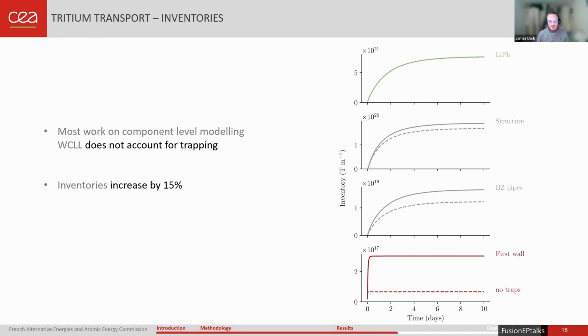Our total inventory increases by 15% when we include trapping mechanisms, showing that with a lot of these macro scale simulations that we do, the inventories they're producing, which fall into safety guidelines, could actually be quite heavily underestimated. And these inventories can then increase with the number of traps. And as we can see here, the trap density is much higher in our tungsten, which is why we see a much more significant difference in our tungsten first wall.